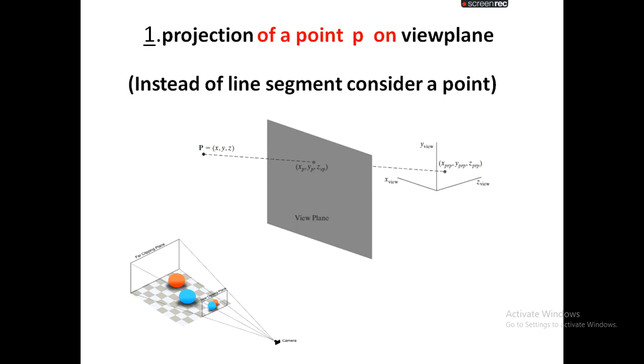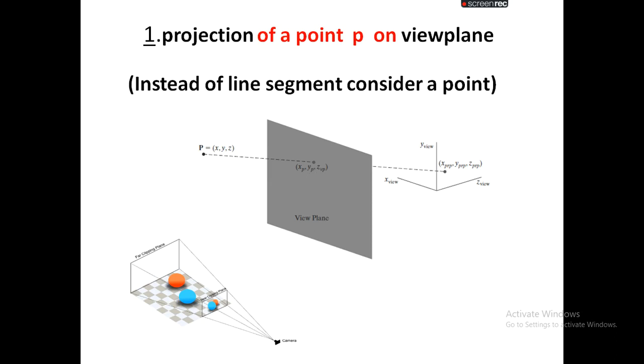Now we need to translate this point P's position from space to the view plane. That is, we want to project the position of this point P on the projection plane with the help of projection lines. Wherever these projection lines intersect the view plane with respect to this point P, that is the projected point on the projection plane, P dash.